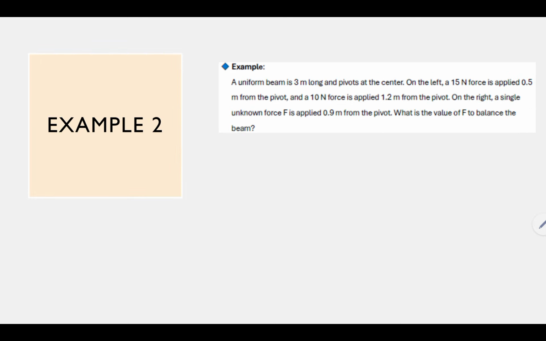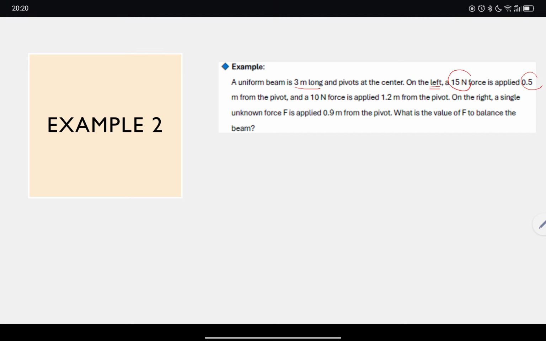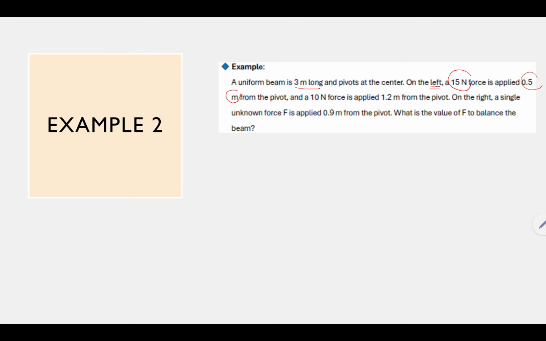Here's another example. Pause the video, try it on your own, and then unpause. A uniform beam is 3 meters long and pivots at the center. On the left, a 15 Newton force is applied 0.5 meters from the pivot.